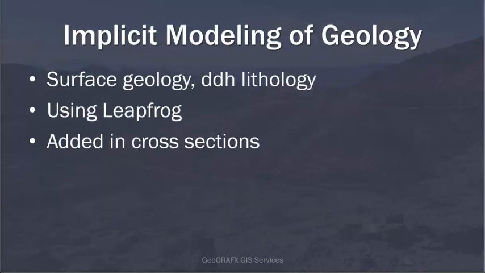It seems that everyone wants to jump onto the implicit modeling bandwagon. Implicit modeling uses mathematical tools to derive the model from the data. A definition from the Micromine website says that an implicit model is a continuous mathematical representation of an attribute across a volume.